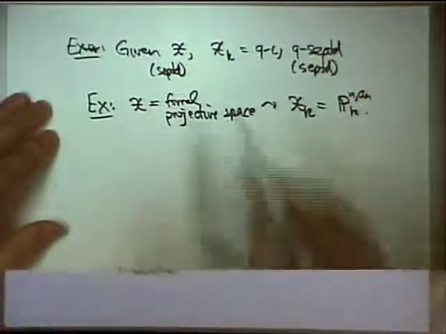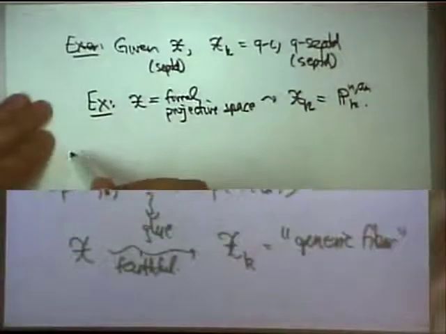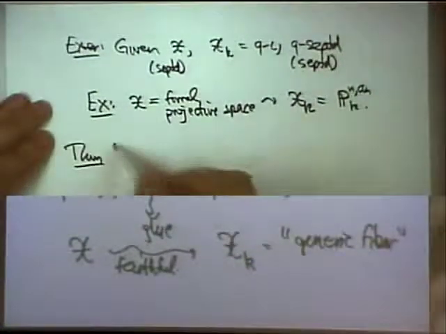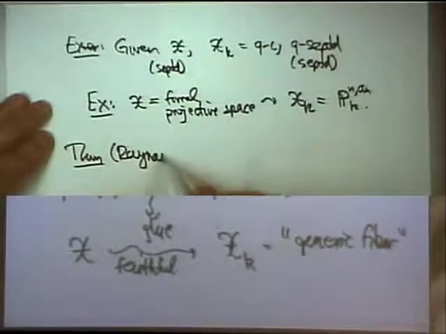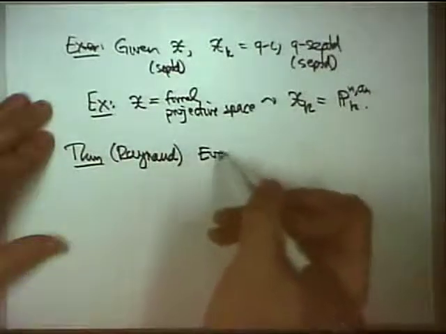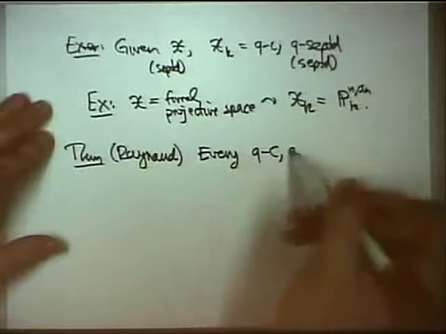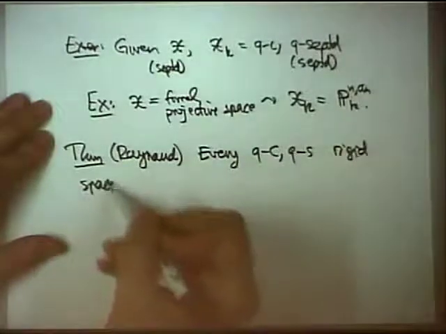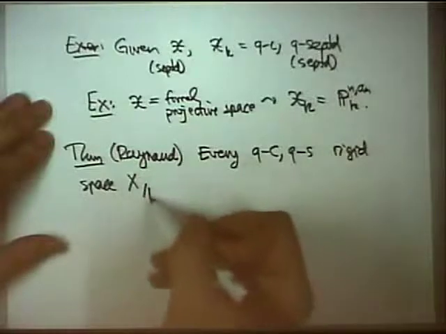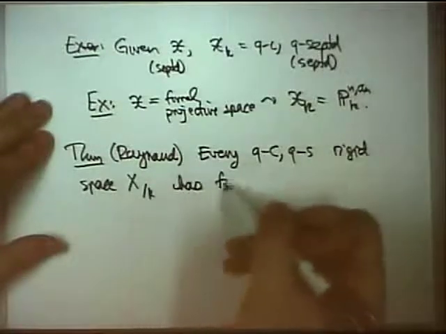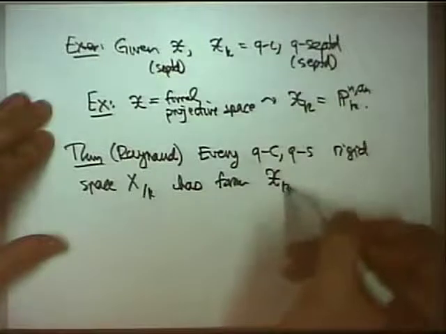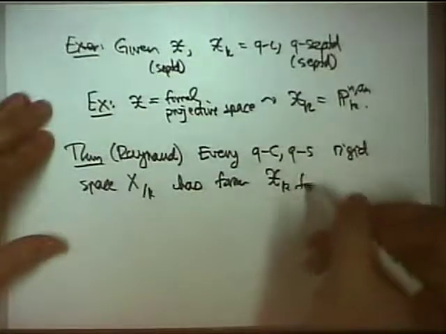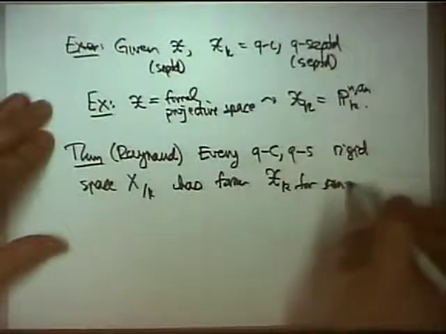Okay? So what's interesting about this construction is there's a remarkable result of Raynaud, which says that every quasi-compact, quasi-separated rigid space X over K has the form X_K for some formal scheme X. But it's not unique, and he did much more than this.